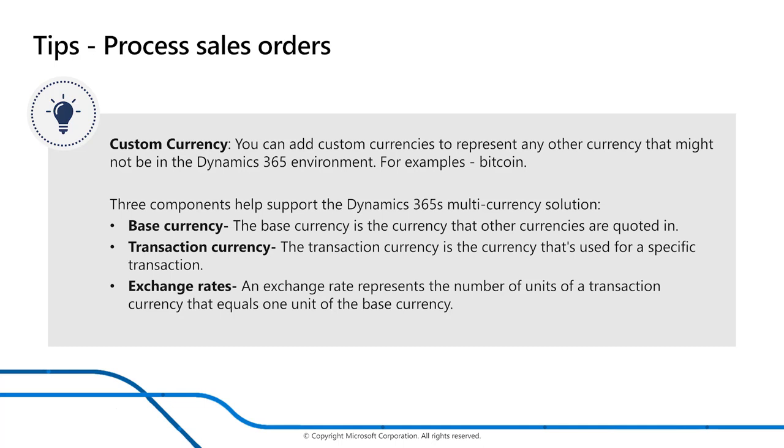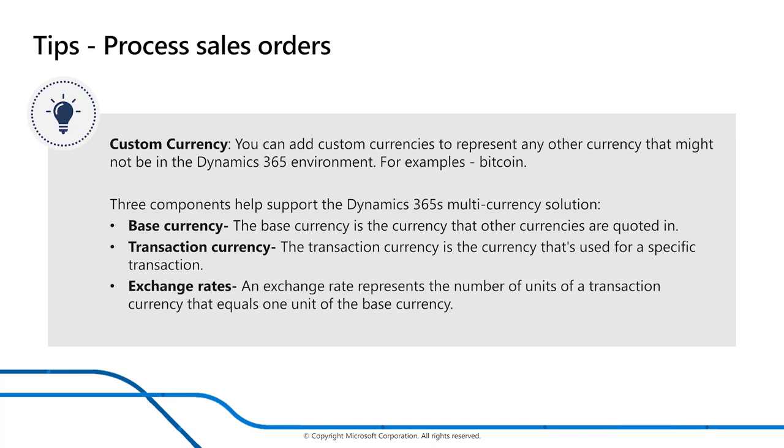3 components help support the Dynamics 365 multi-currency solution. So we've got our base currency. The base currency is the currency that other currencies are quoted in. Our transaction currency is the currency that is used for a specific transaction. So again, it can be the base, it can be the actual custom currency.